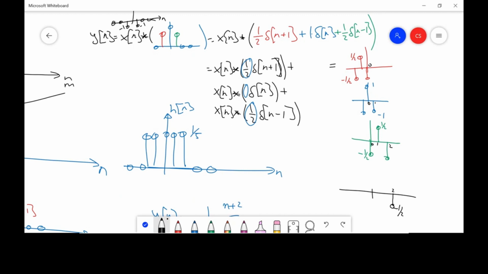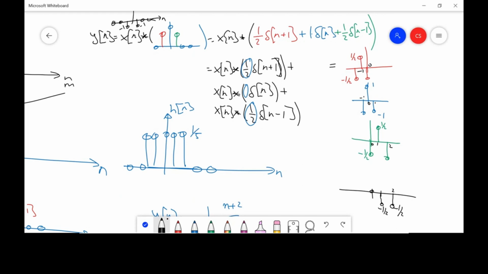What about location 1? At location 1, here I don't have anything. Here I have -1 plus 1/2, so it will be again -1/2. What about 0? At 0 I have -1/2, -1/2, and then 1. So this will be 0. And you keep doing the same.